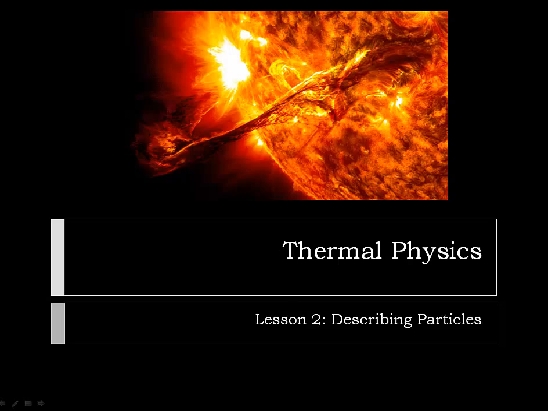And so this is really the first step to explaining what's going on with the molecules and atoms within a substance, in terms of, to use those concepts to explain what's going on macroscopically with the substance.